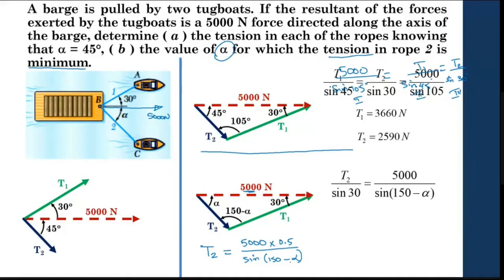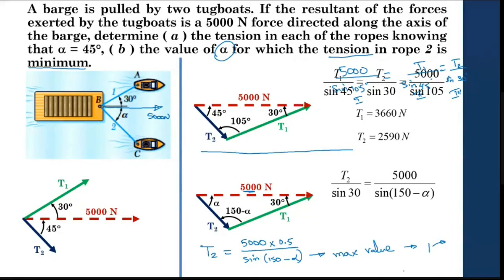If the sine value is maximum, your T will be minimum, because your sine is in the denominator, right? Anything divided by some maximum value will reduce the value, right? What is the maximum value of sine? 1, sir. So when you get 1? 90, sir.